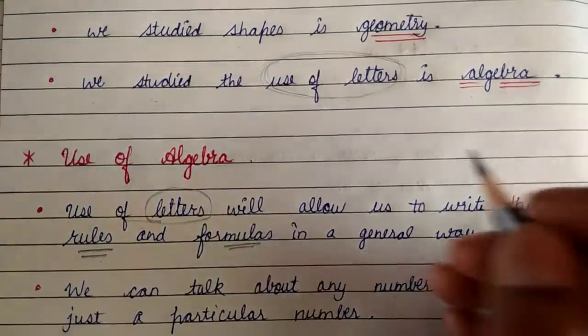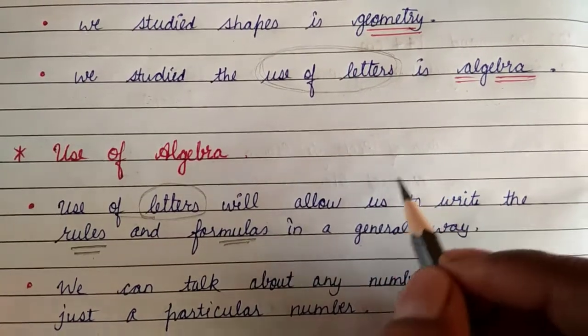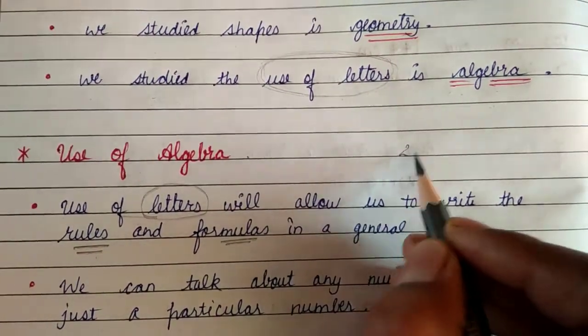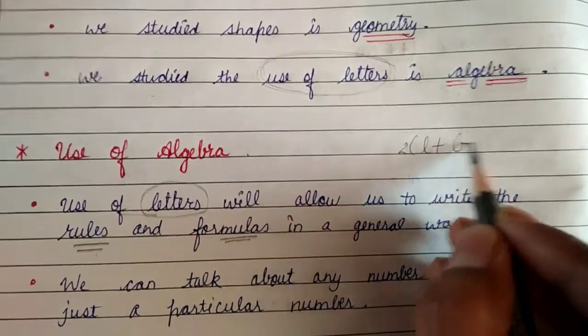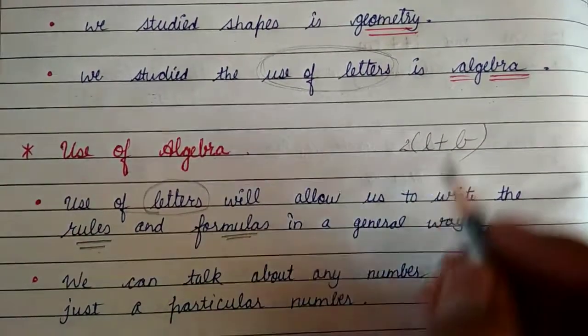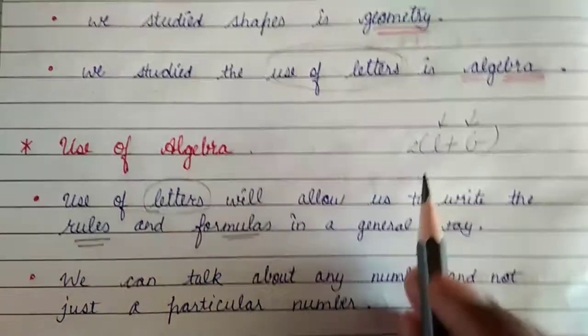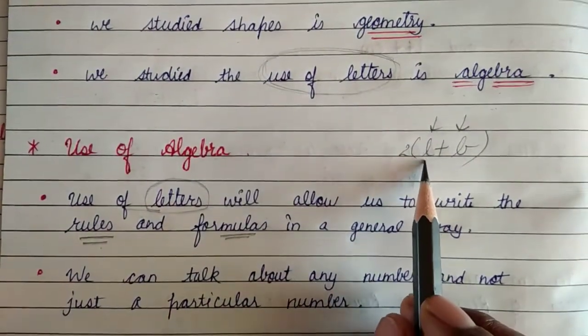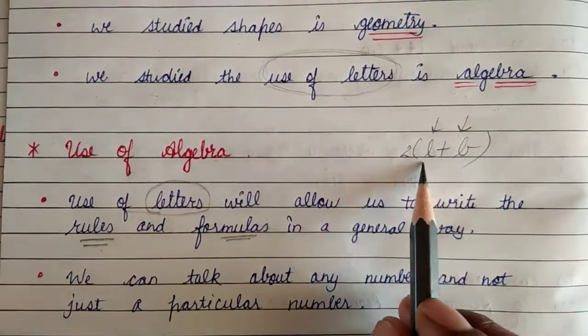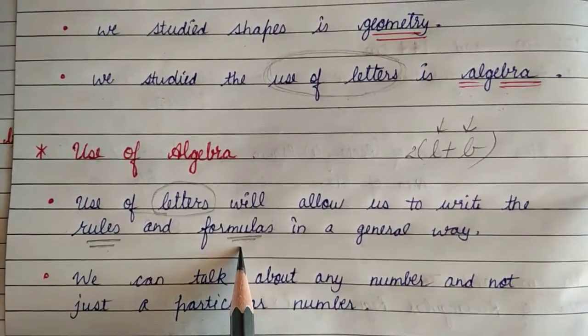In the previous chapter 10, mensuration, you saw that the perimeter of a rectangle is 2 into length plus breadth. So length and breadth are the letters. After using length and breadth, we are able to write the formula.